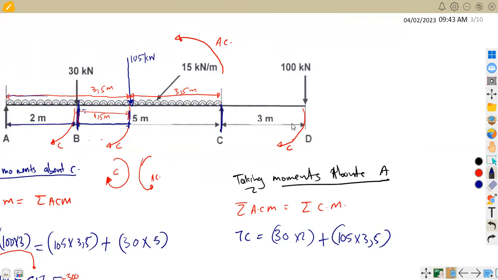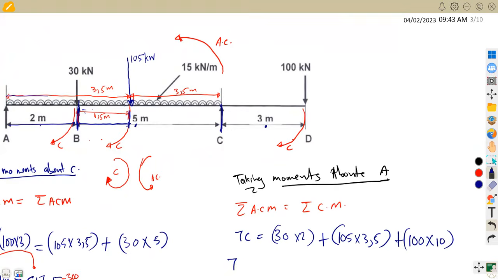We also have at point D, plus at point D, there is a 100 kilonewton. So it's 100 times the distance back to the point A. This is the whole distance, which is 2 plus 5, which is 7, plus 3, which is 10. So it's going to be 100 times 10.